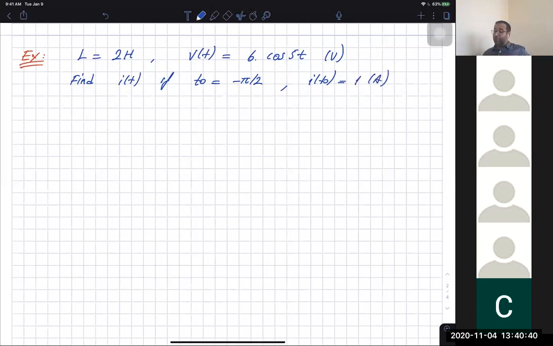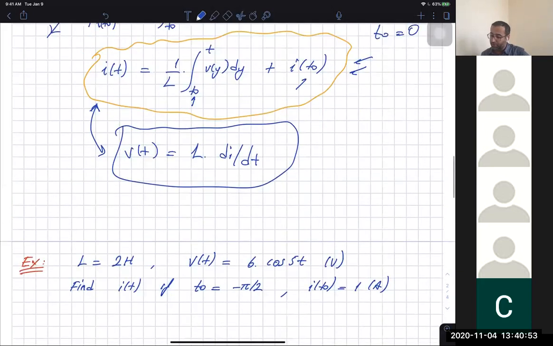Okay, so now we have a time-dependent function of voltage, and we are asked to calculate the current. If you remember our beautiful equations, we will be using this equation. We are given the initial time, so that is great.